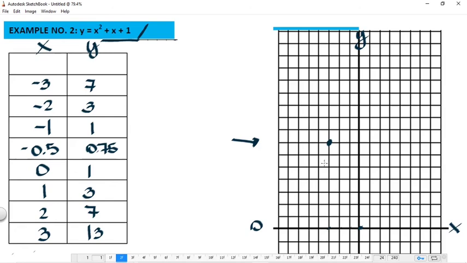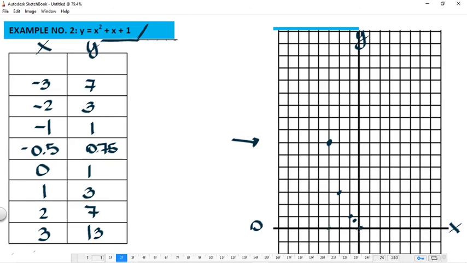If x is negative 2, y is positive 3. So 1, 2, 3. If x is negative 1, y is positive 1. If x is negative 0.5, so the half of this grid, y is positive 0.75.